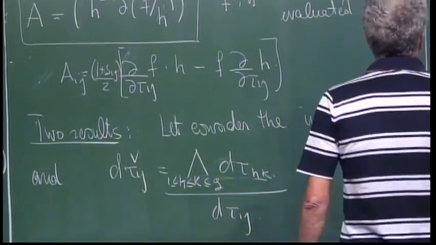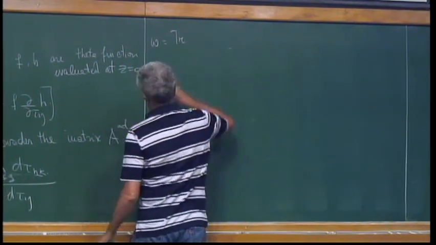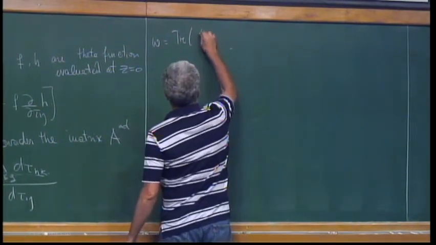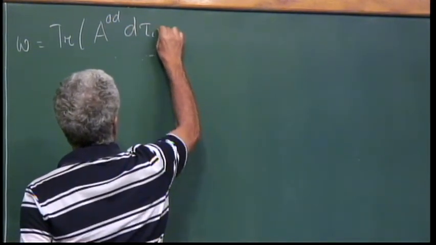And then I define omega to be the trace of A adjoint times d tau_ij check.